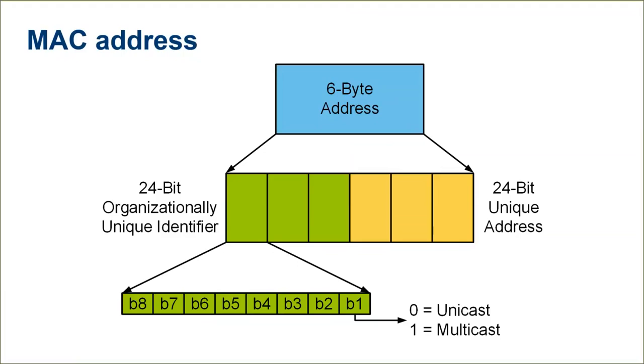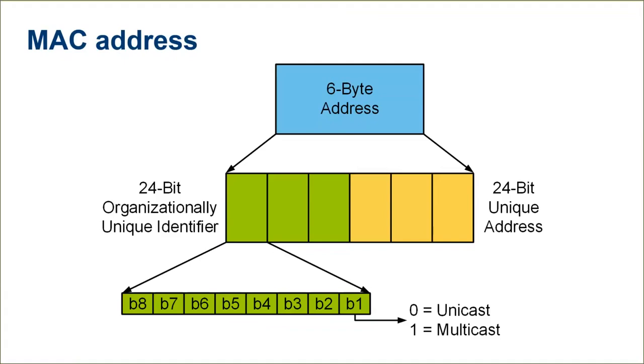The manufacturers assign at least 24 bits to a unique address, and the 48 bits are called a MAC address because this represents the address that has been assigned to a specific Ethernet interface. So the physical connection, the physical device, is the MAC address.